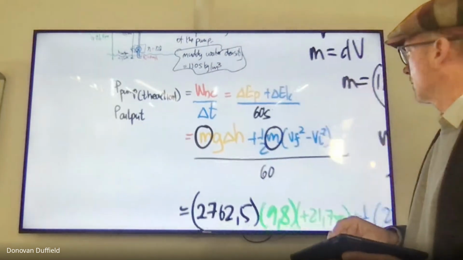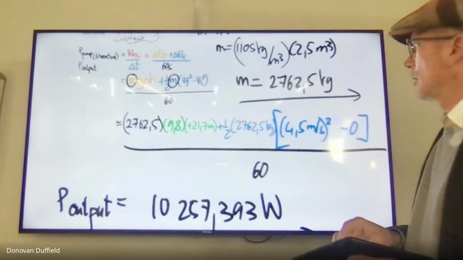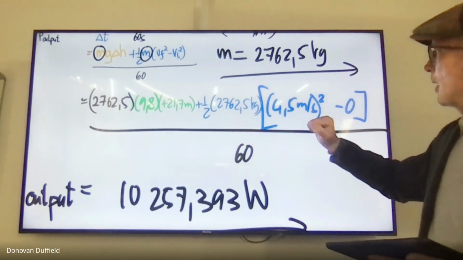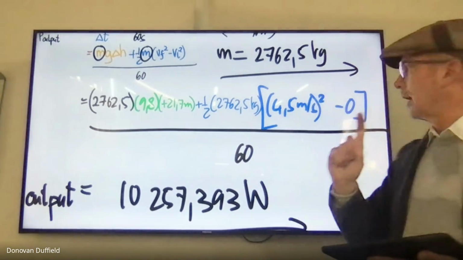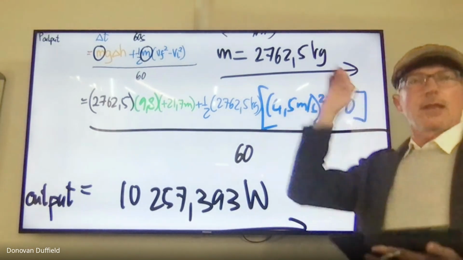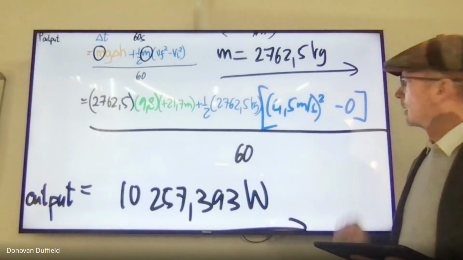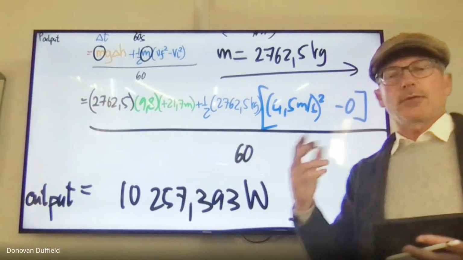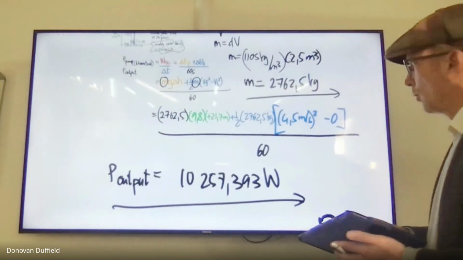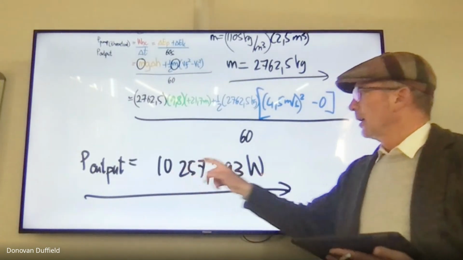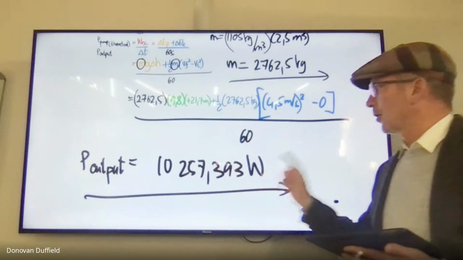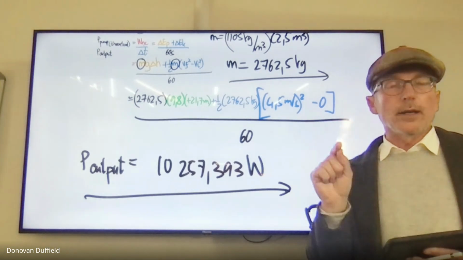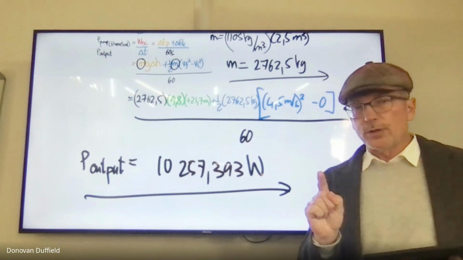So that's 21.7 meters, plus half the mass, 2,762.5, times the final velocity at the outlet, 4.5 meters per second, squared, minus the initial velocity. We assume the water is stationary, so that's 0. And when you work that out, the power output is 10,257.393 watts.